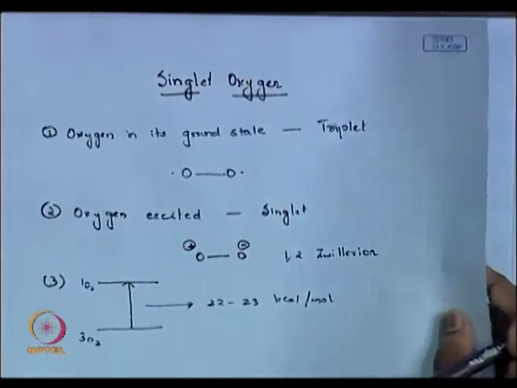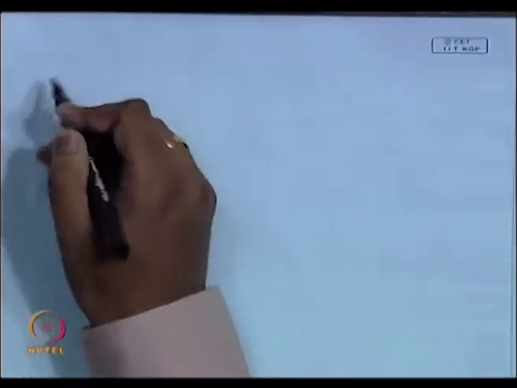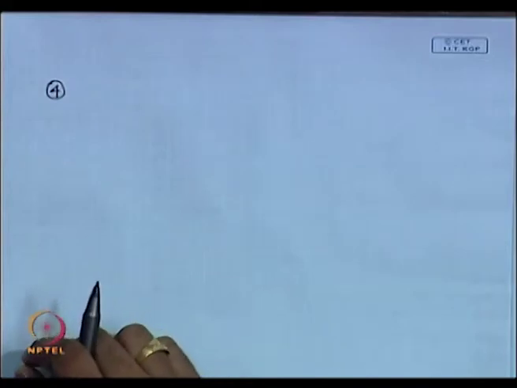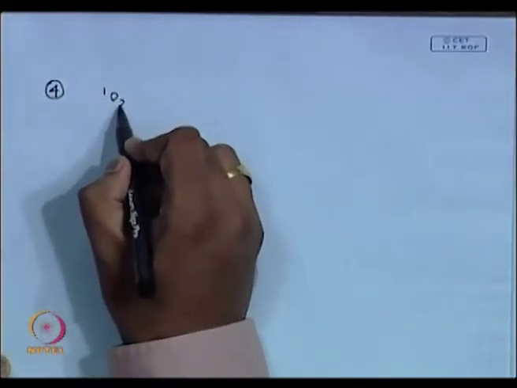Another important thing you have to know about singlet oxygen is their lifetime, because for any species you want to know their lifetime, how much lifetime it has. Singlet oxygen lifetime is more solvent dependent, okay. But approximately it stays 10 to the power of minus 6 seconds.